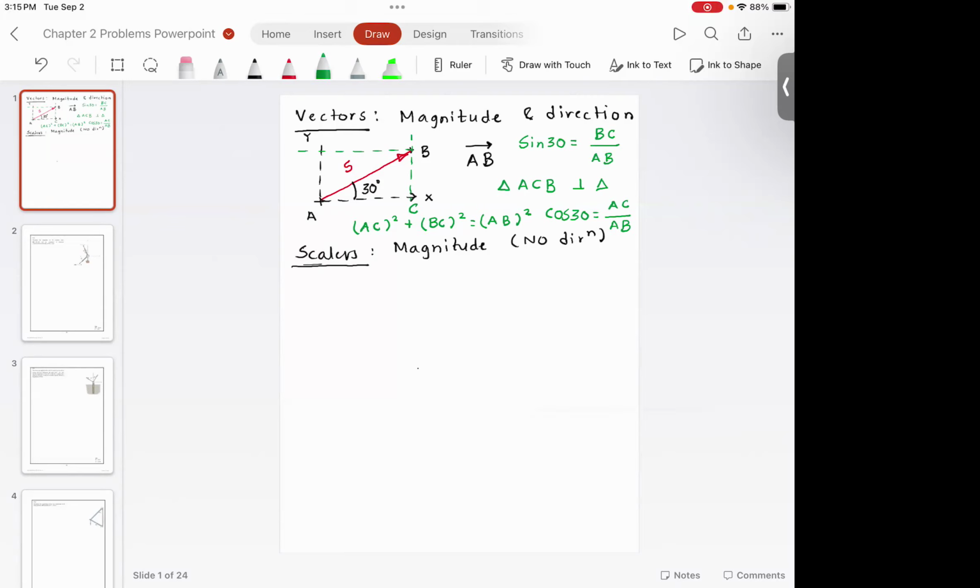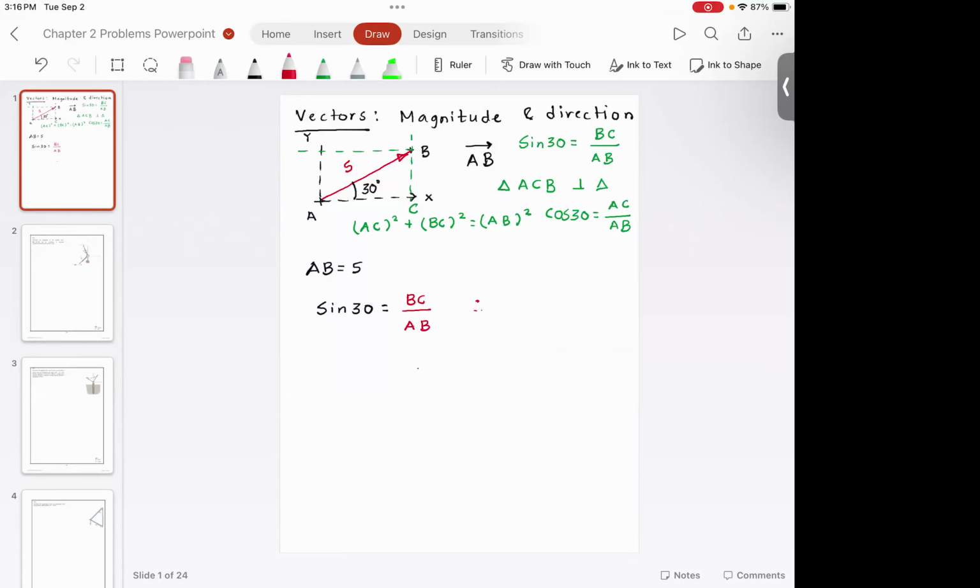Now, what it means is if I give you the value of AB, and if I ask you the value of BC, say if AB is equal to 5, you can use sine 30 is equal to BC divided by AB.